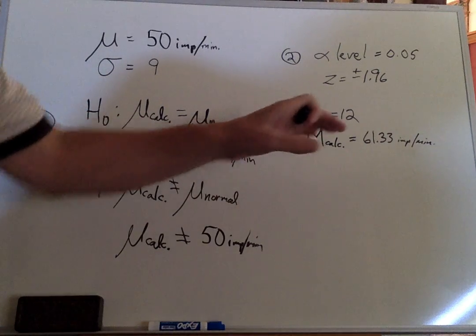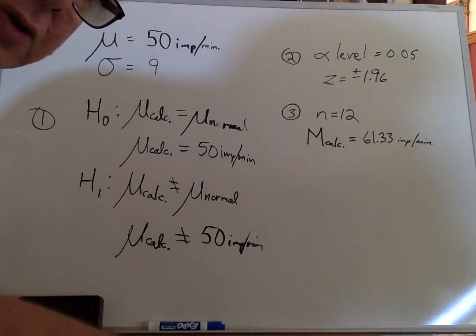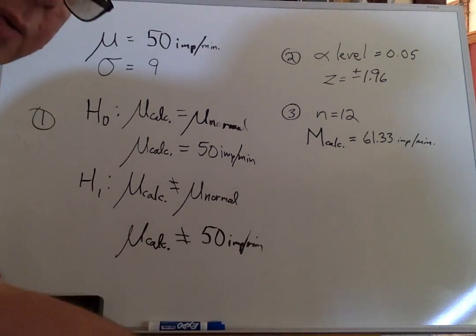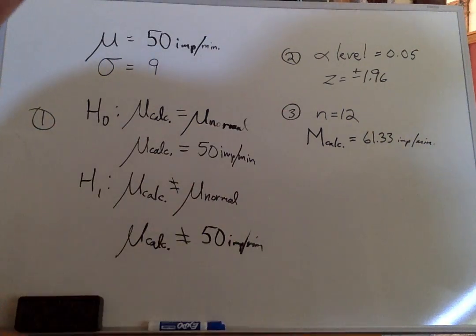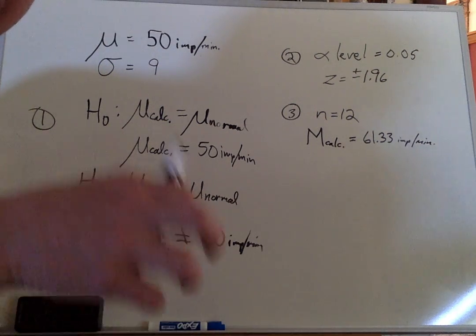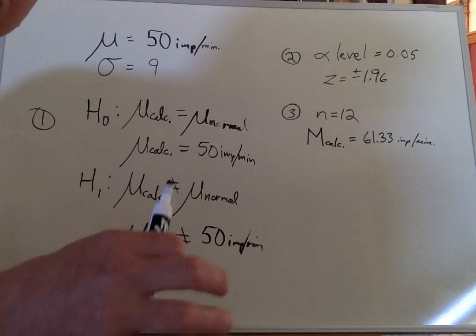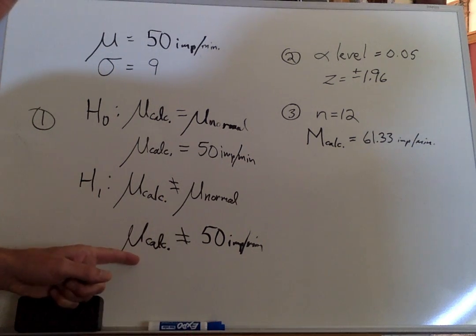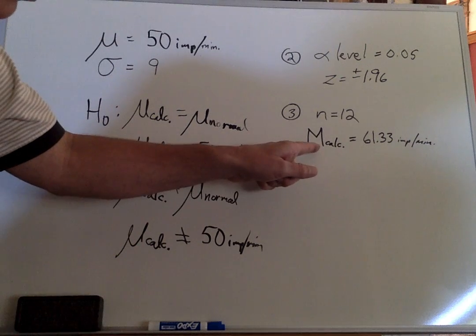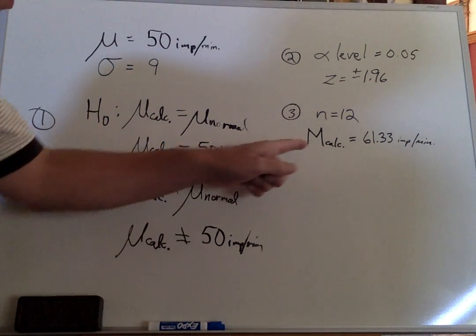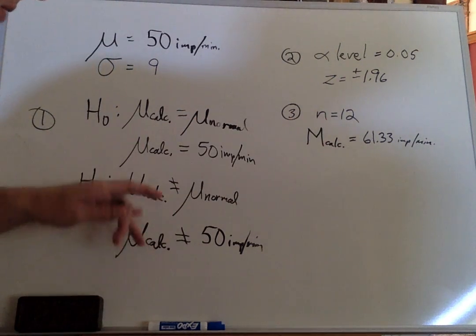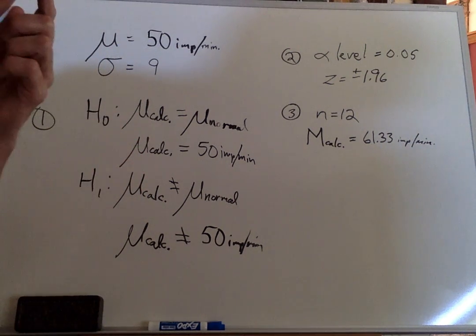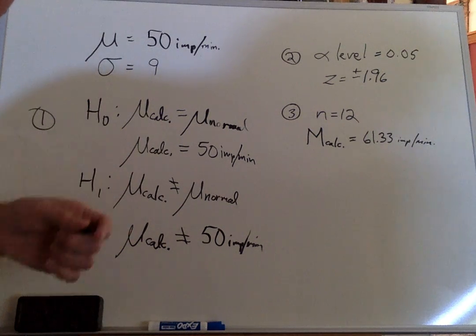We're assuming that when we put our proverbial hand into the canvas bag and pull out 12 neurons and look at the average for those 12 neurons, they somehow represent the population. So we're going to use the mean for a sample of 12 to make some kind of guess about the mu, the population of cells that would be bathed in calcium.